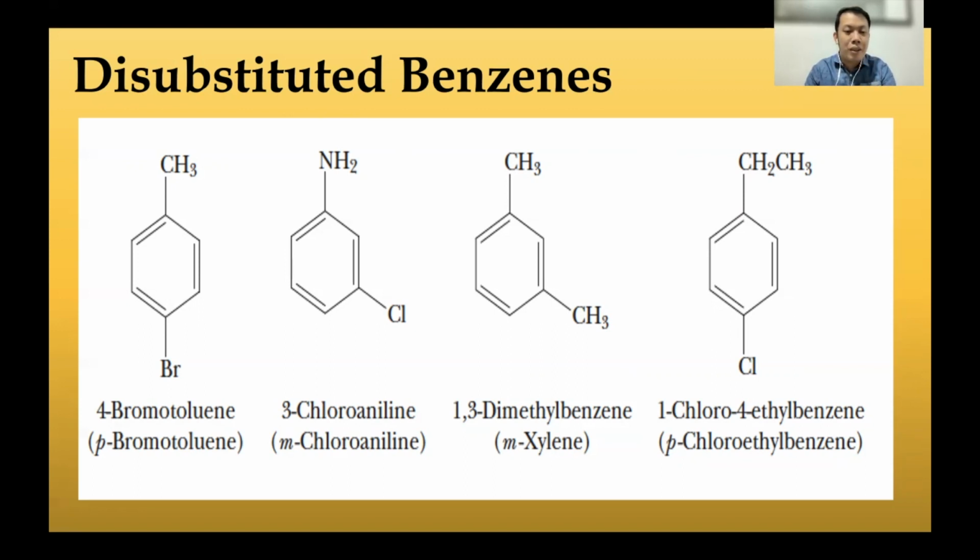Now, if you count from the first carbon, the one that has an attachment of methyl, you can count 1 to 4, and you find the bromine. So instead of writing 4-bromotoluene, you may write here p-bromotoluene.